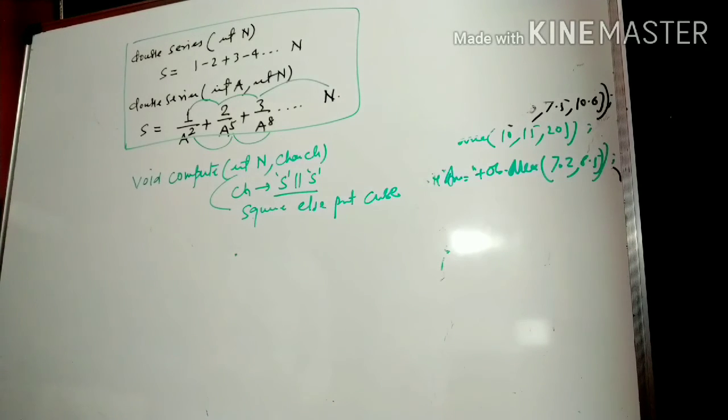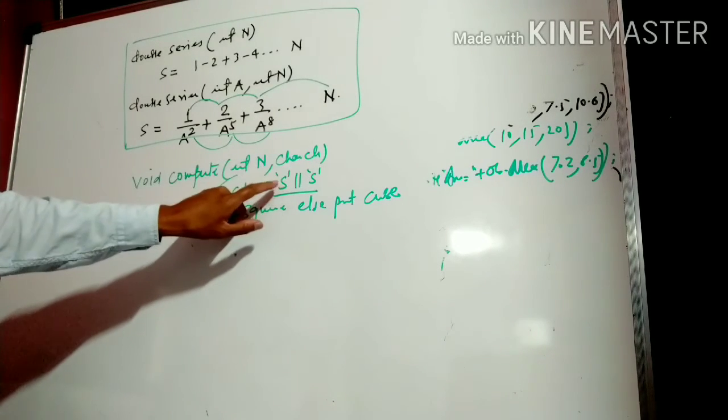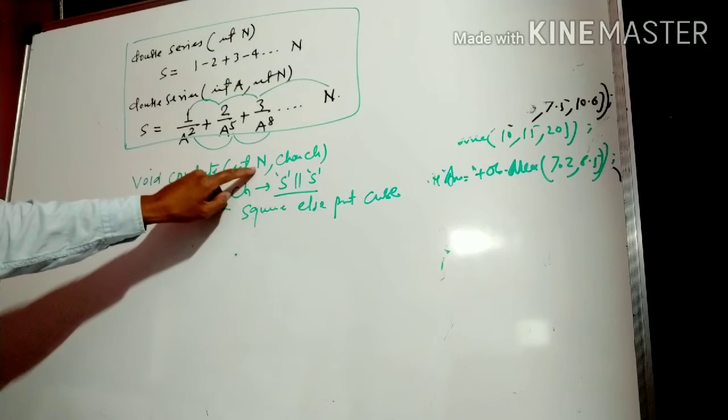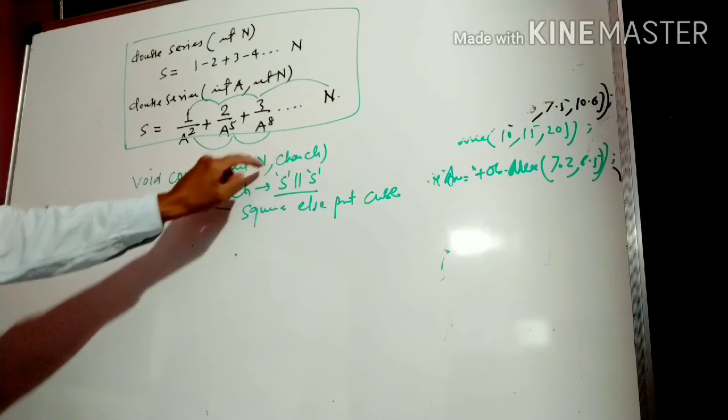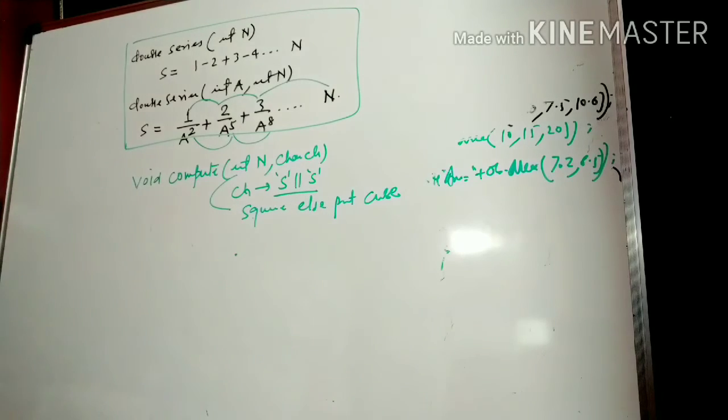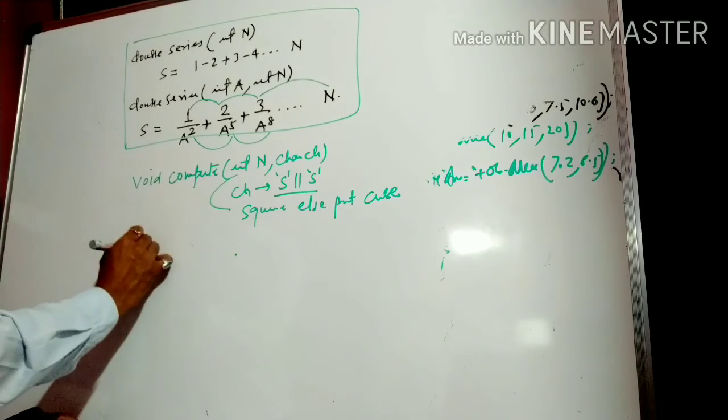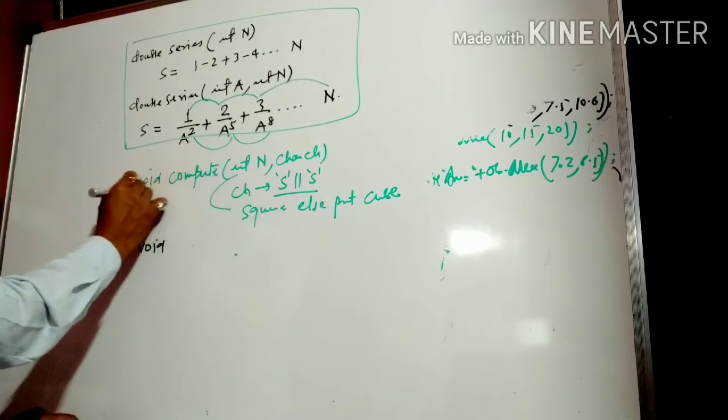Are you getting my point? Suppose the number is 5: 5 into 5, and if the condition is false, then cube, 5 into 5 into 5. You have to calculate and print because void is there.